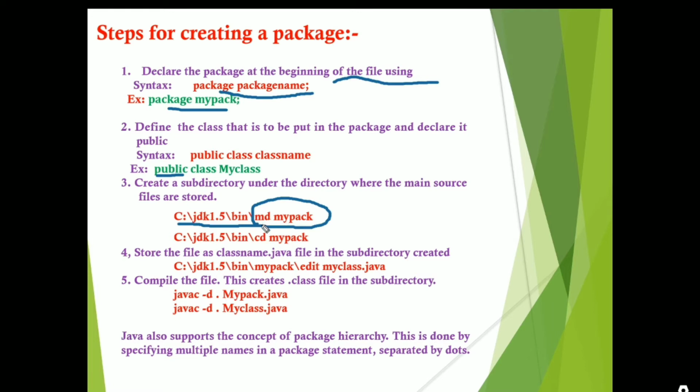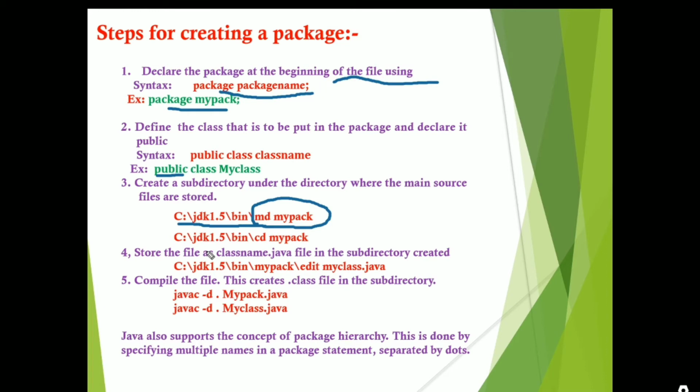MD is the command which is used to create the directory: md mypack. After creating the directory, you have to enter into it by using the change directory command, cd mypack. Here you are creating and entering into that directory.